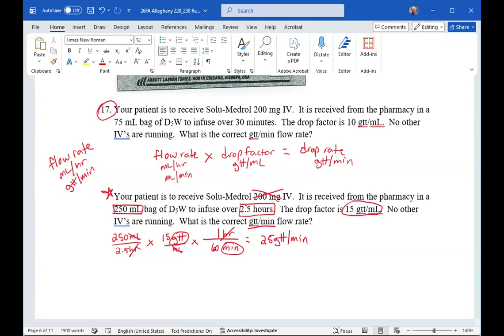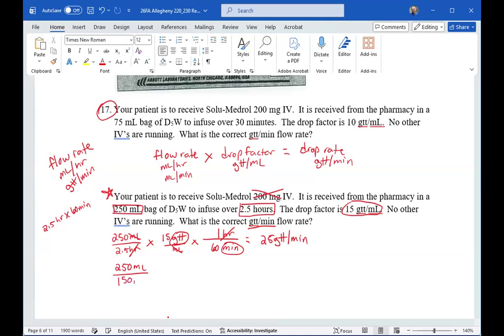Now, if you've had review sessions with me before where we've talked about these flow rate questions, you know I'll mention the alternative way, instead of doing this extra step, because sometimes you already hate dimensional analysis, and now I'm asking you to do an extra step. One way we can circumvent that is just take that 2.5 hours and multiply it by the 60 minutes. So you're converting hours to minutes. So 2.5 times 60, and you're going to get 150 minutes.